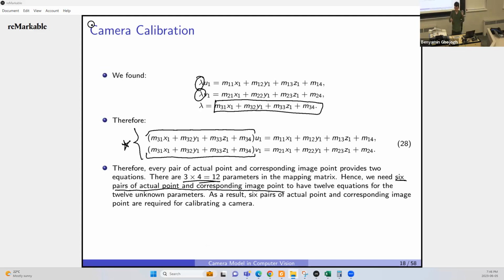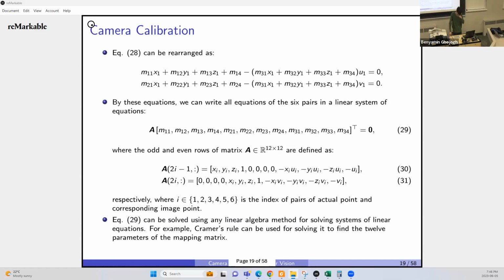Therefore, we need 6 pairs. Okay. So when you want to do camera calibration, you only need to consider 6 pairs: 6 points in 3D and the corresponding pixels in the image. Okay, interesting. So you don't need to do it for a lot of points. Only 6 is enough, for calibrating a camera.